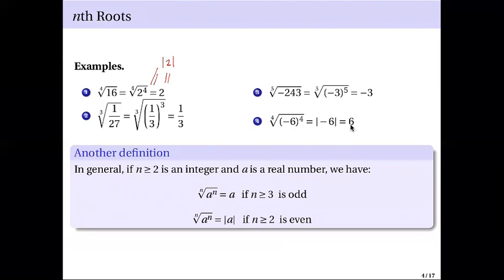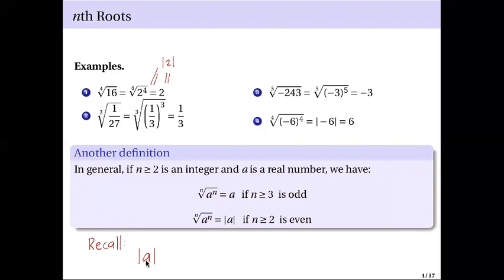So before I proceed, let me just recall the definition of the absolute value of the number a. So I already mentioned earlier, it's just the positive counterpart of a. If a is already positive, then we just copy a.